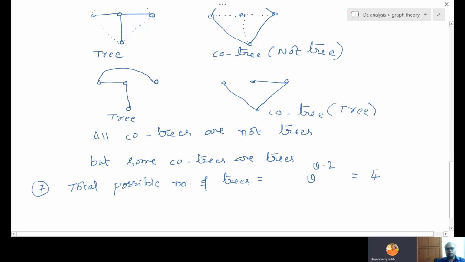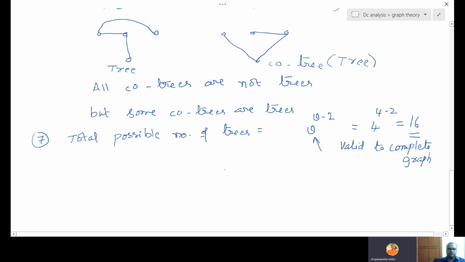What is V? 4. 4 to the power of 4 minus 2 equals 16. That's why in the beginning I said 16 possible trees. But this formula is valid for complete graph.